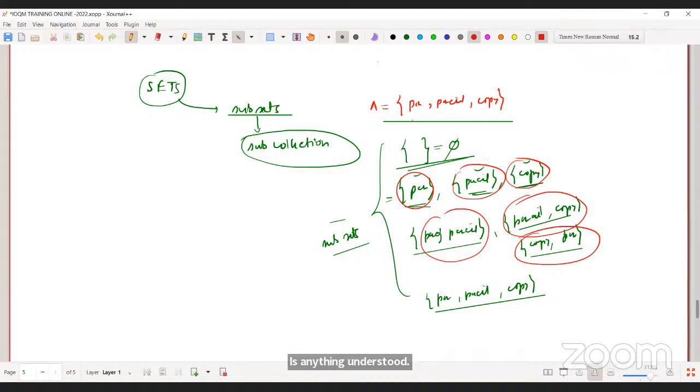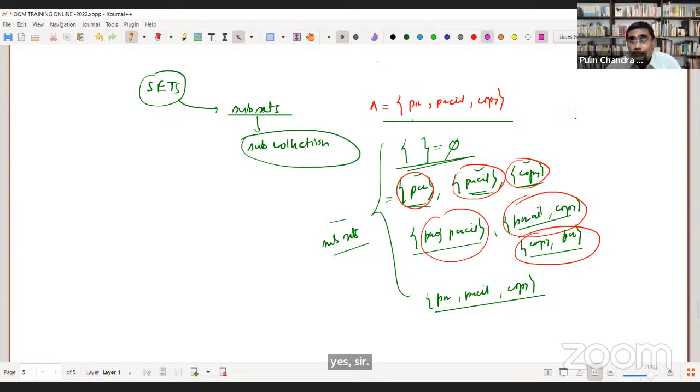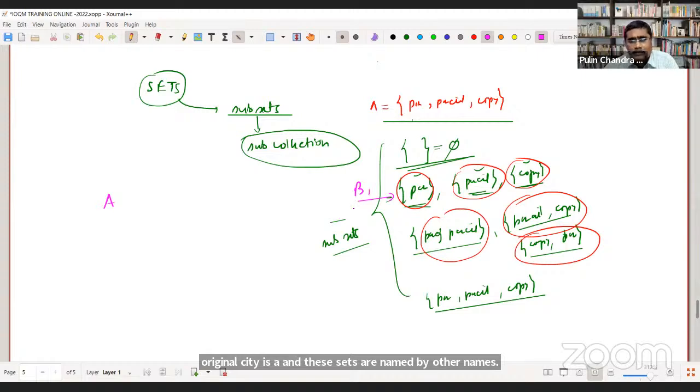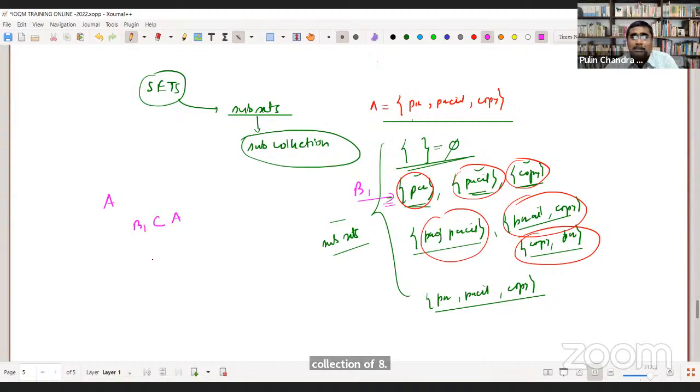Yes, sir. So here, let me tell you how symbolization is done. Whenever your original set is A, and these sets are named by other names, say this is named as B1, this B1 is a sub collection of A. We use the symbol: B is a subset of A. अच्छा, यहाँ पे एक छोटा सा कंट्रोवर्सी होता है. हम लोग जब पढ़े थे, I am talking about my time, we have to write the subset with this symbol.